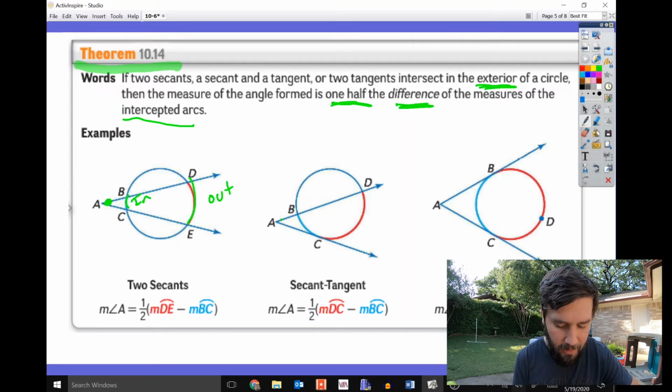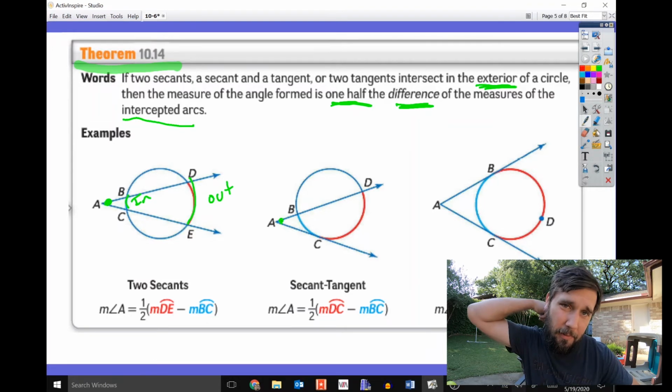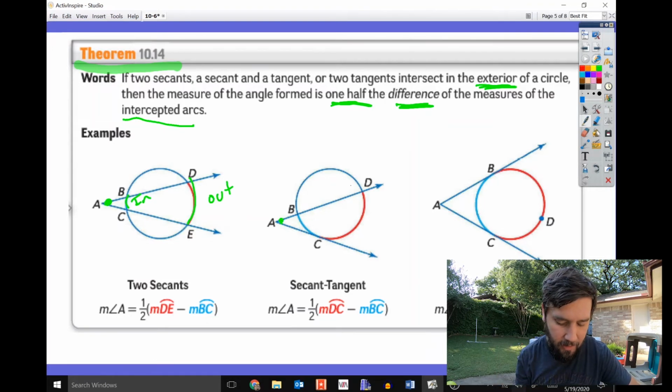If I look at the next one, a little different scenario. AD is a secant, and this line right here is a tangent, but the angle is still outside, so it's 1/2 the difference, and the difference is DC minus BC, the outer intercepted arc minus the inner intercepted arc.